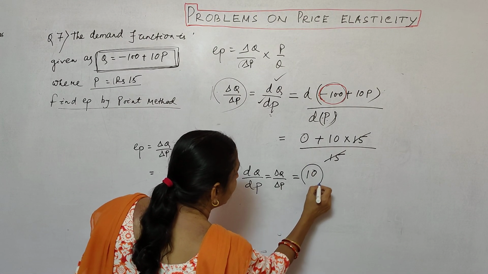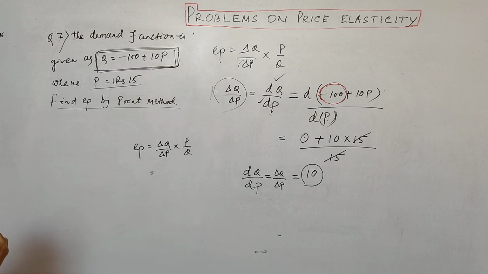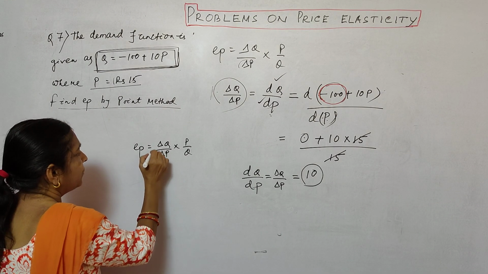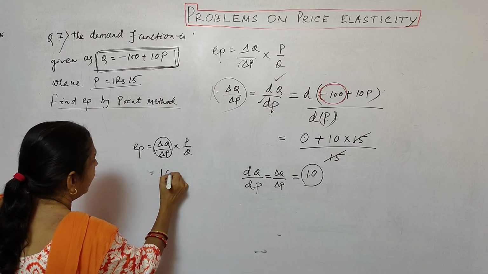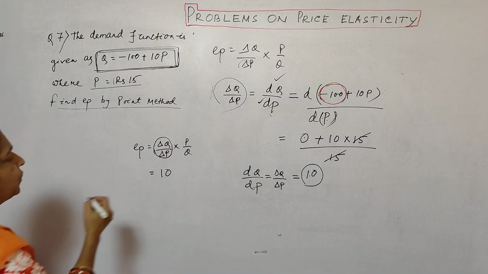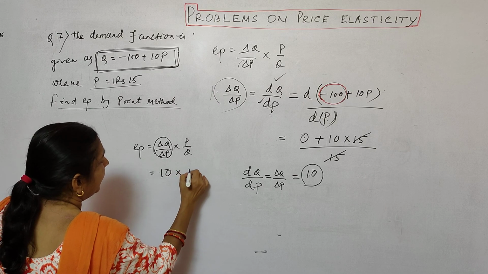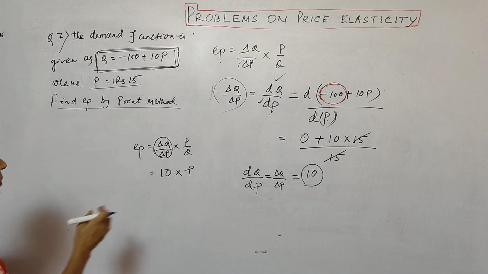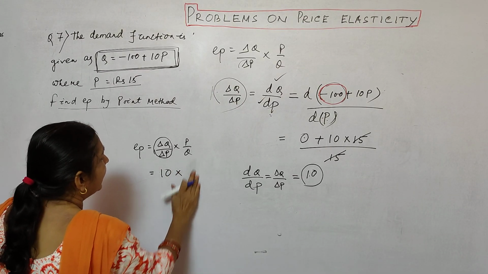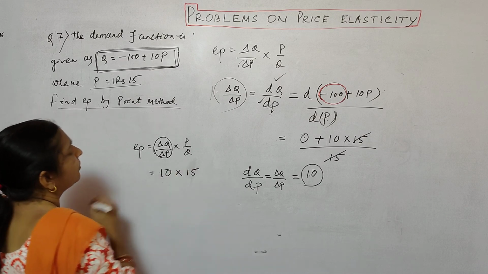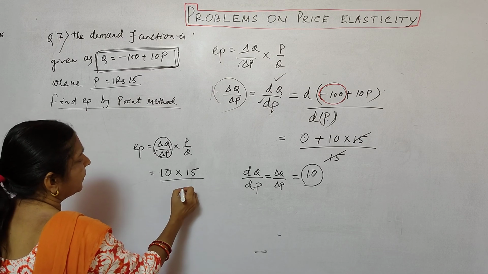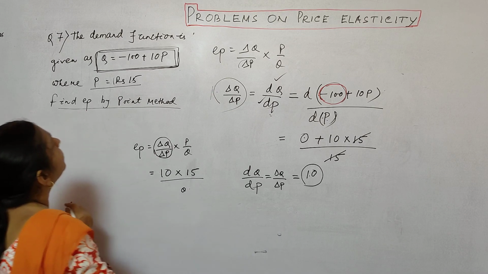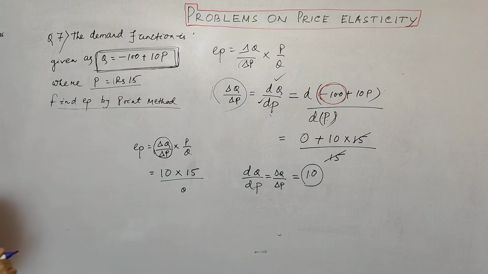In this case, we will substitute the value 10 here. 10 into P, वो लोग दे दिए 15, divided by Q. What is the value of Q?